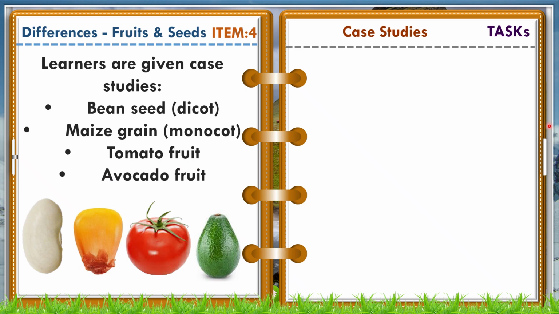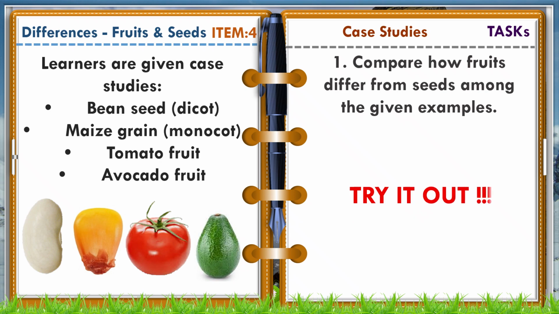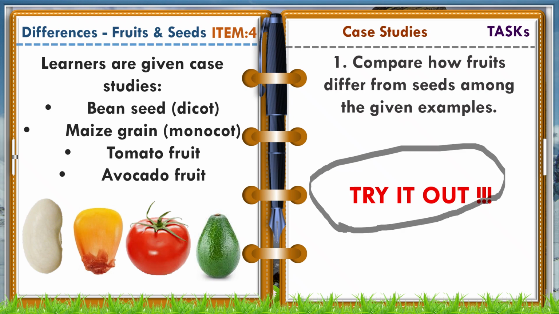Tasks. Compare how fruits differ from seeds among the given examples. I would like you to try this one out. We have been doing a lot of differences, so I want you to try this one out.